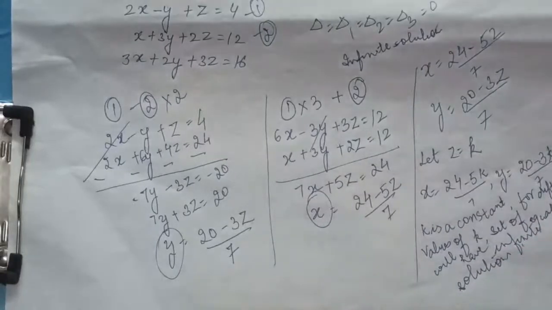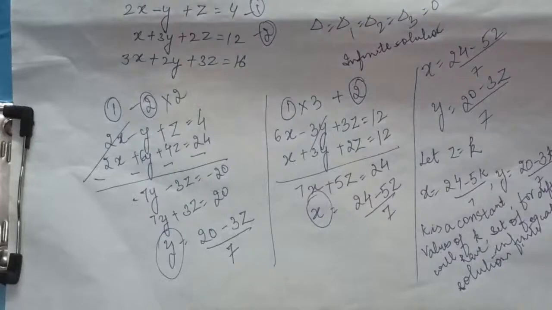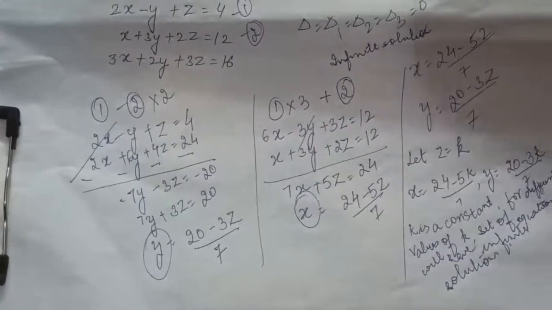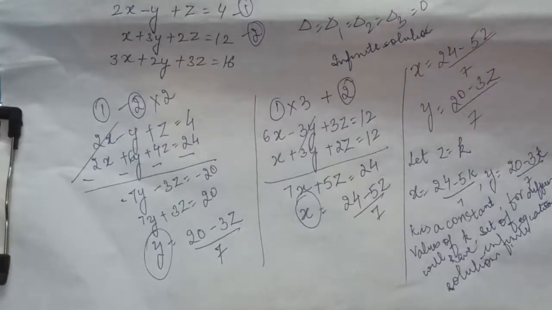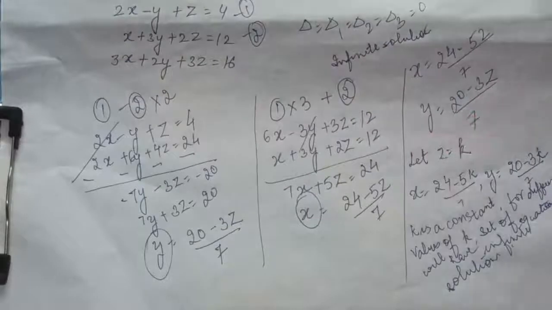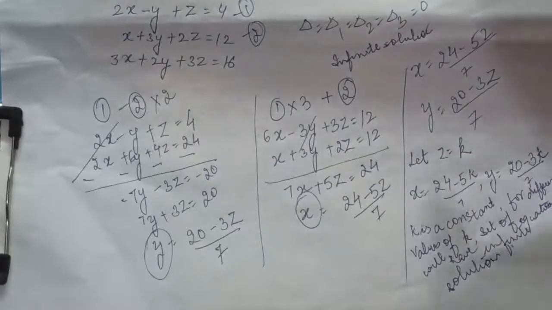So this is my conclusion. I cannot write infinite solutions directly because that is infinite. So I will write k is a constant, for different values of k, because whatever value we put here for k, the answers for x and y are going to change. So for different values of k, we will be getting infinite solutions of the given equations.